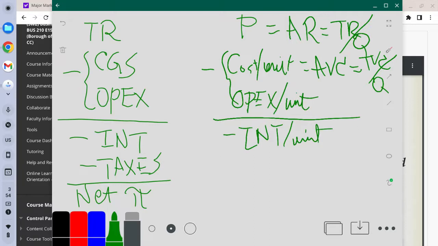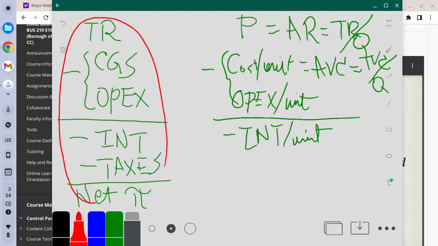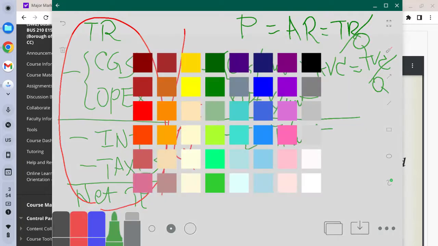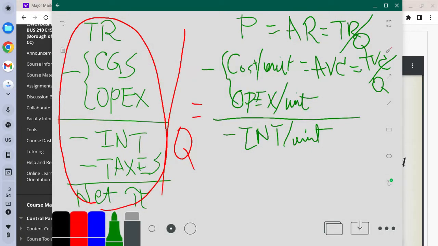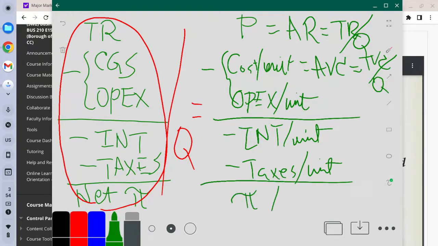In other words, if you divide everything in the left-hand side, if you divide all of that by quantity, then it is per unit concept, right? And then also you subtract taxes per unit. Then you'll arrive at profit per unit.